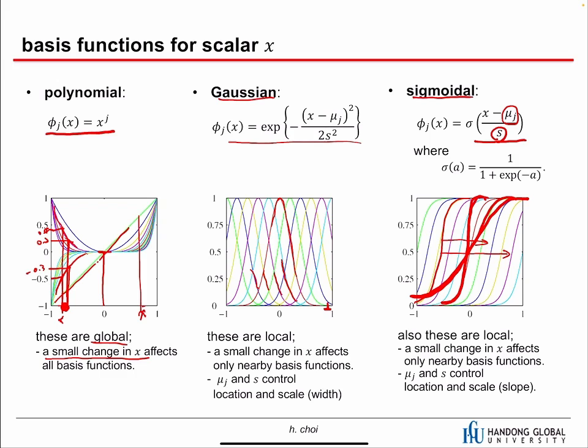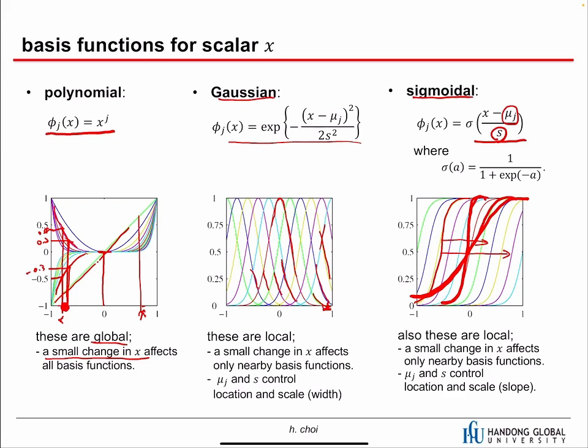The green one and the blue one don't change. Some of them will be affected. The green one might be affected slightly, then the blue one, then cyan. Some of them will be affected by this change, depending on the location of these basis functions.